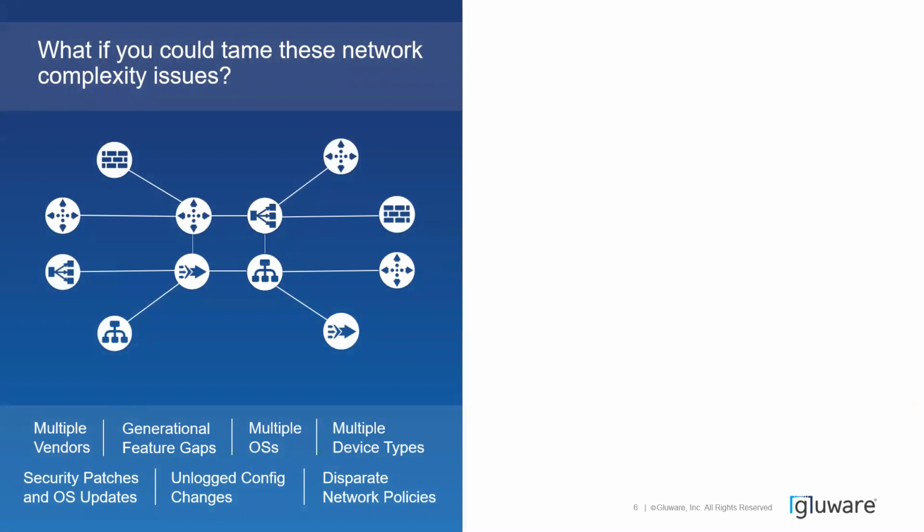So looking at your network today, and you're thinking multi-vendors, generational feature gaps, meaning old and new products, multiple operating systems running on multiple devices. These things are all the problems and challenges as to why we haven't solved this problem already. There are so many variables at the network layer, it's difficult to just put something on top of it which can deal with all those variables.